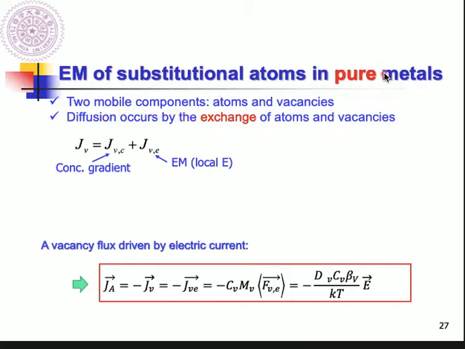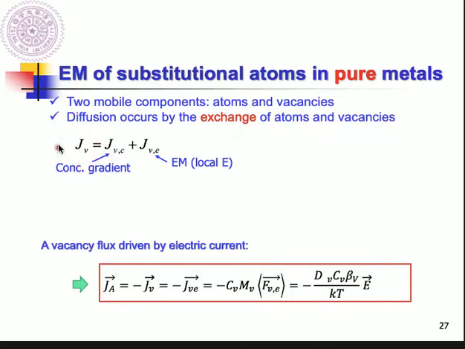One is the atoms at substitutional sites, and the other one is the vacancy, right? So these atoms at the substitutional sites diffuse through your sample by exchanging with the vacancy. So the diffusion occurs by the exchange of the atoms and the vacancy.